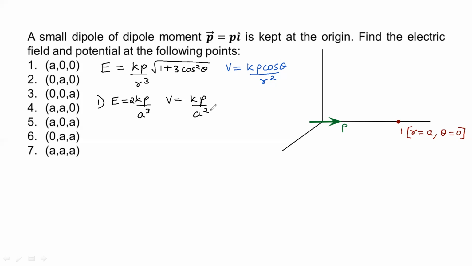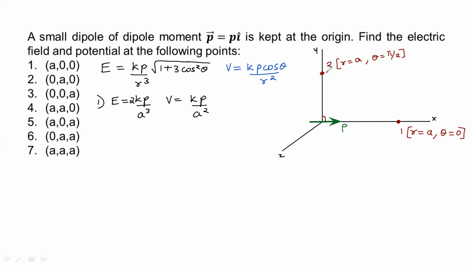Now the next point, point number two, is here on the y-axis. Okay, you should understand that this is the x-axis, this is the y, and this is the z. Now this is point number two. For point number two, you can see that the angle between the r vector and p vector is 90. So here the value of r is again a, while theta is equal to 90.